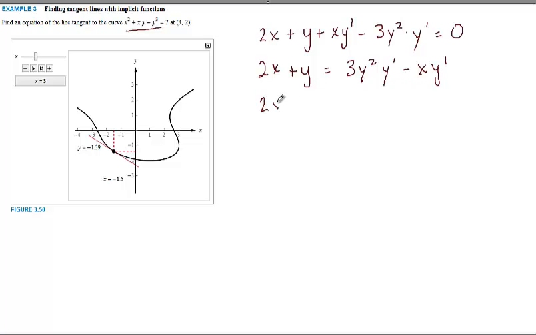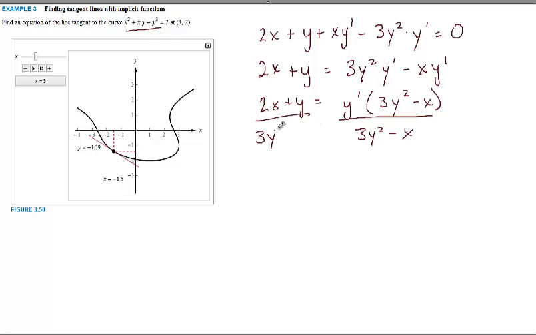Factor out my y prime, trick we learned last time. Dividing both sides by what's over there with that y prime, you now have what y prime equals, because that cancels.